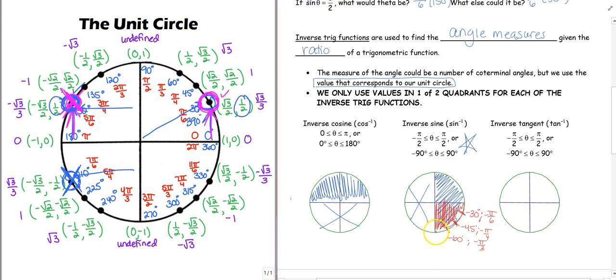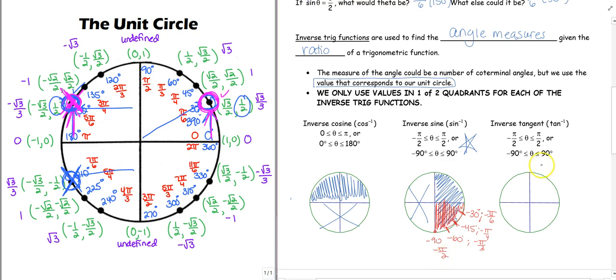And instead of 270, we're going to have a negative 90, which is a negative pi over 2. So when evaluating and solving for an unknown angle measure on the unit circle, anytime your answer is falling in quadrant 4, we're not going to use positive angles, we're going to use the negative angle equivalency.